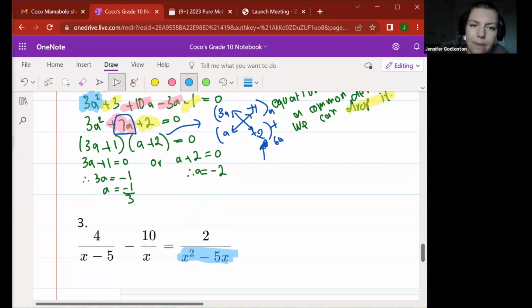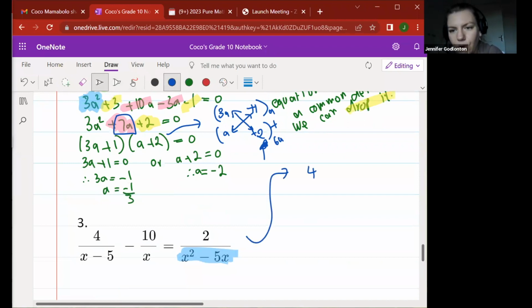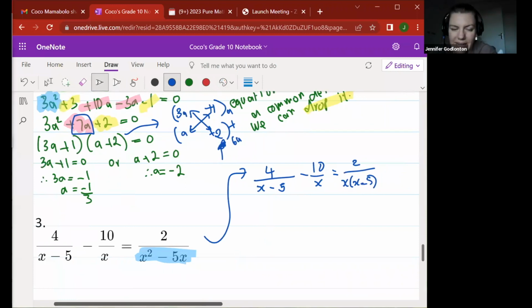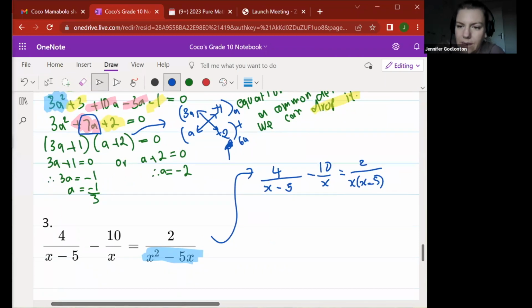First thing I'm going to do is say 4 over x minus 5 minus 10 over x is equal to 2 over x minus 5. All I've done in that first step is factorize that denominator.